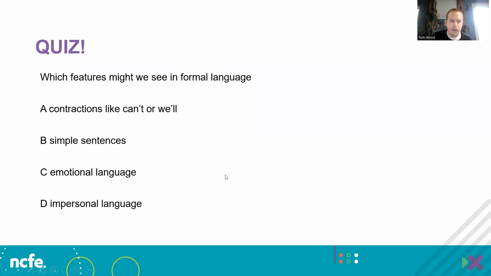So yeah, for this one here, we are going to say this is impersonal language, which is the biggest giveaway of formal language here.